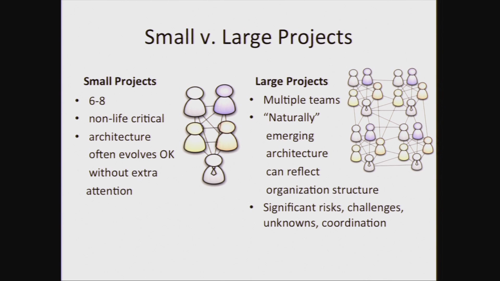They're non-life critical. The architecture for small teams often evolves without any extra attention, because the whole team is competent. There's not a lot of extra communication channels that have to go on, and if they're at all competent in the technology, they kind of know what they're doing.